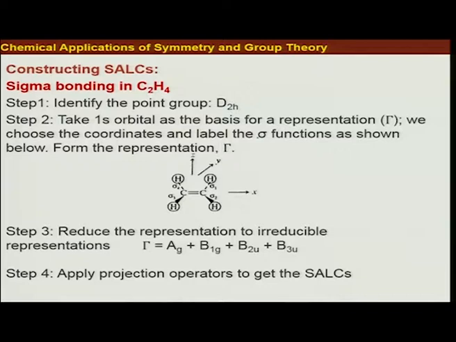For example, when we took the case of C2H4, we are showing it once again here. We identified the point group first. We started by finding out the structure using something like VSEPR theory, then finding the point group, and in the next step we selected a particular set of basis functions. In this case, we selected the 1s orbitals of the hydrogens as the basis functions, and using those basis functions, one has to form the representation.